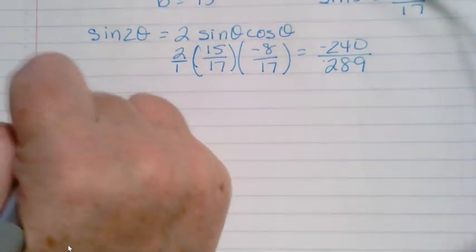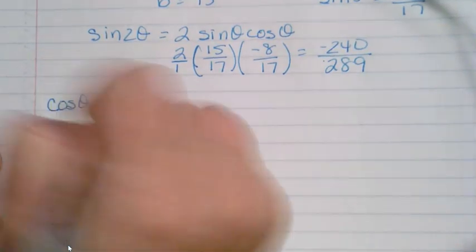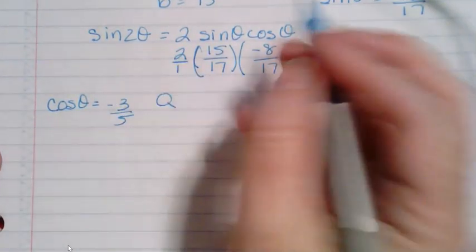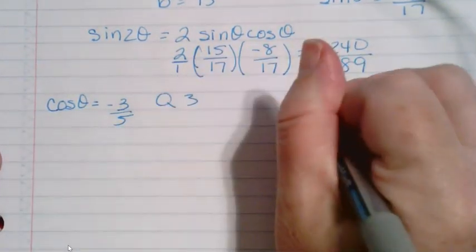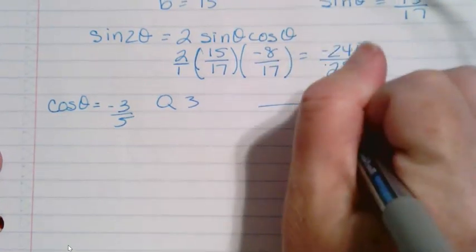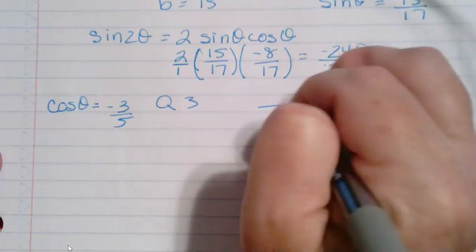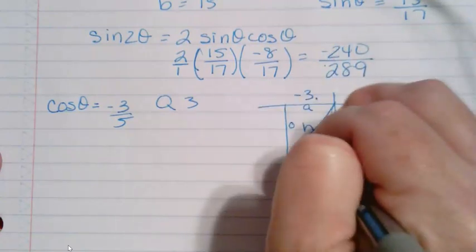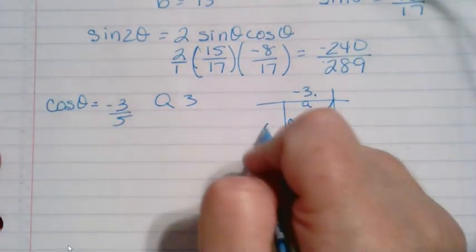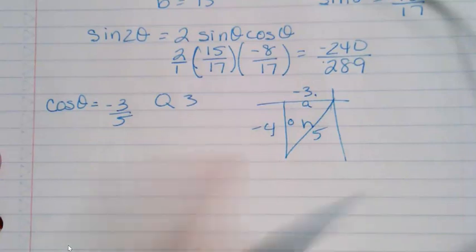Last one here, cosine is negative 3 over 5, and we're in quadrant number 3. A, O, H. Negative 3 and 5, so this becomes a 3, 4, 5 triangle, but please remember the 4 is negative.